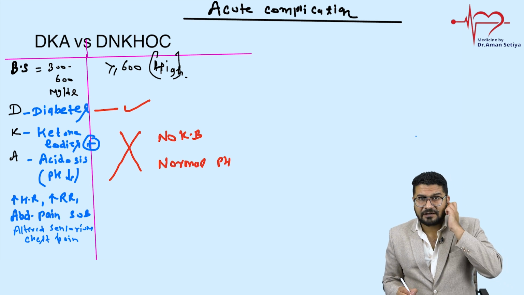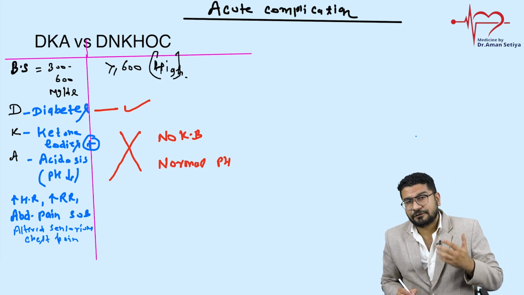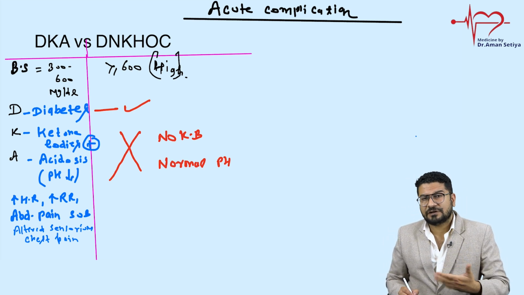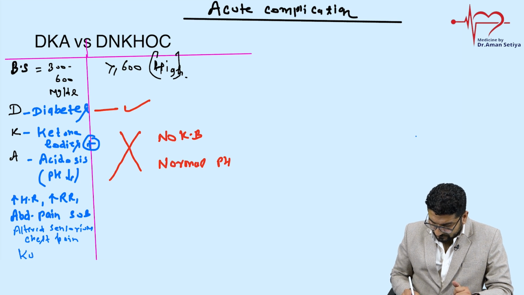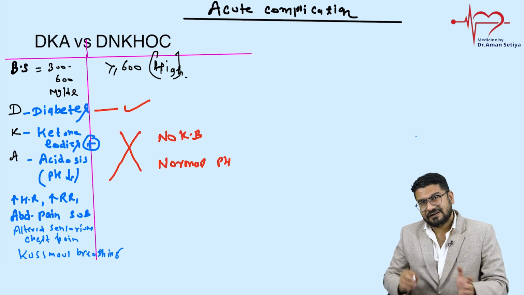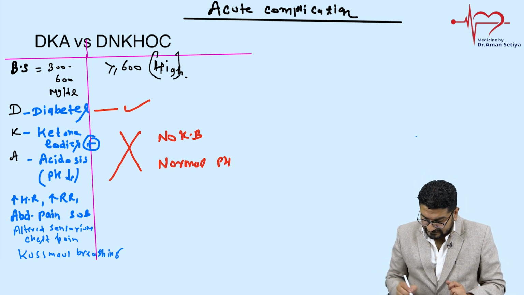When you see them, they will have rapid breathing, which we call Kussmaul breathing, due to acidosis. Do not confuse Kussmaul breathing with Kussmaul sign, which we see in cardiology.